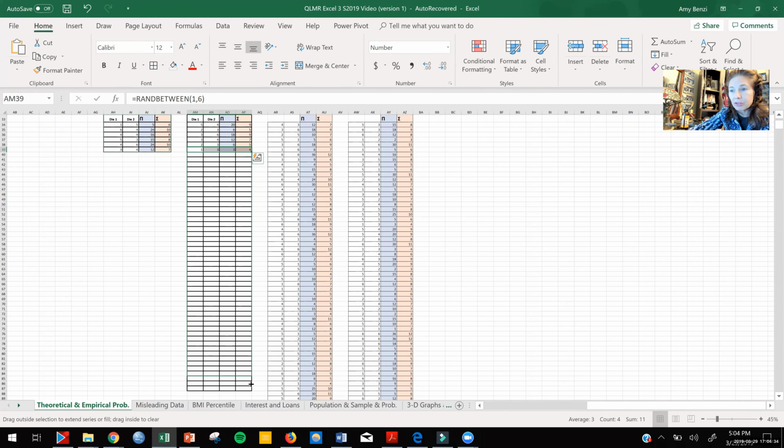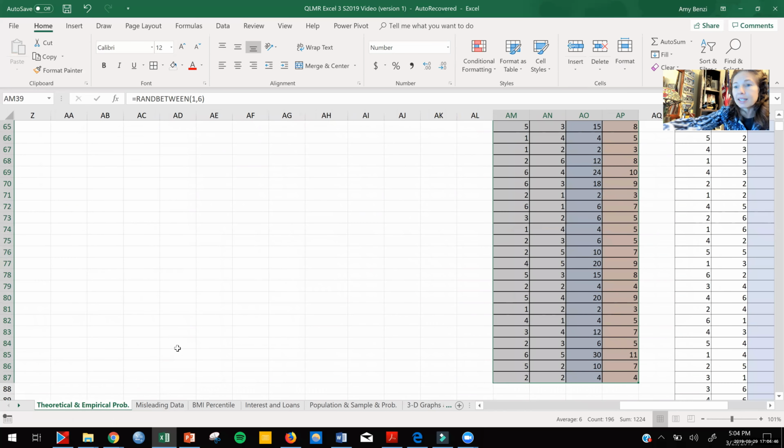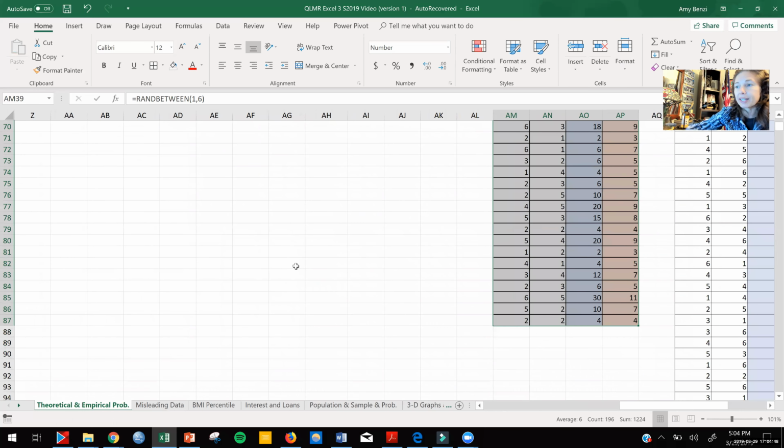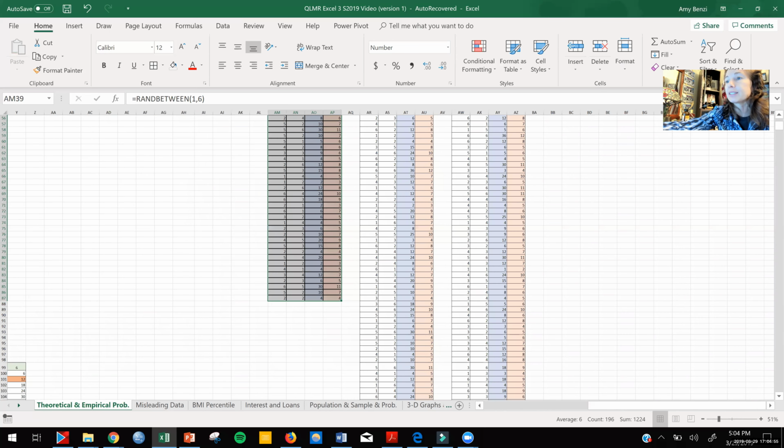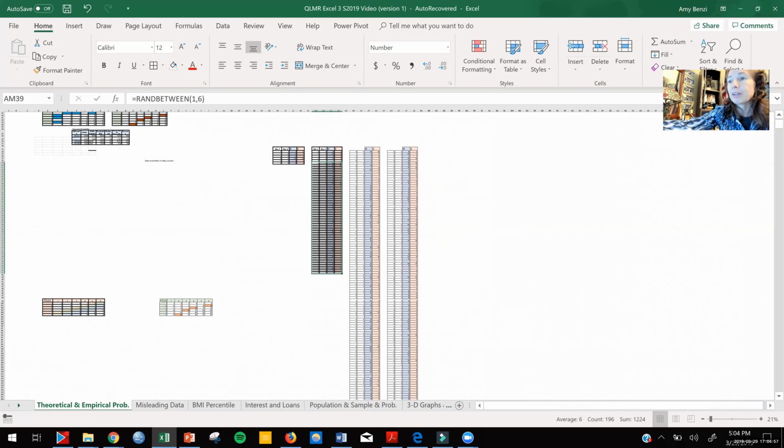Now, when you guys are dragging this down, you can see over to the left that I got all the way down to 87. Can you guys see that? I can see that I got all the way down to 87. Now, when you guys do your other columns, my first one has 6 rows.